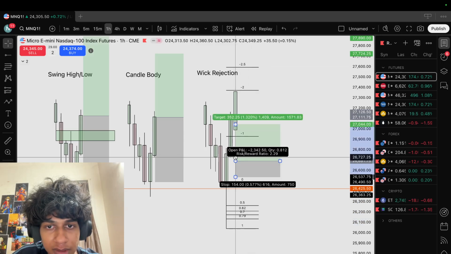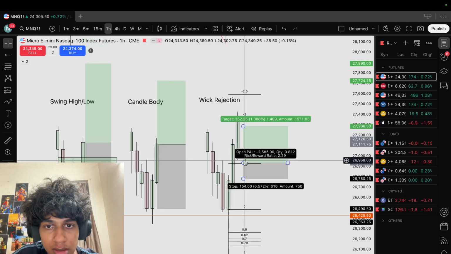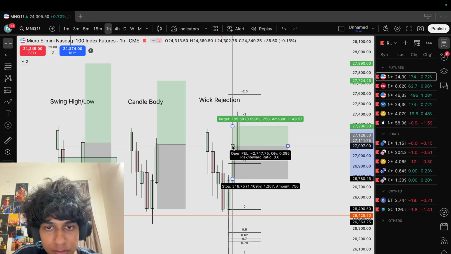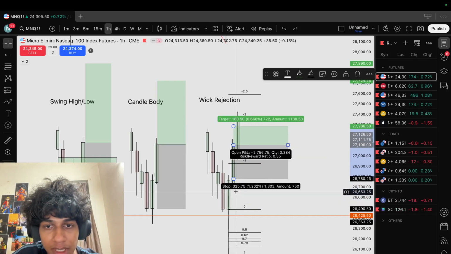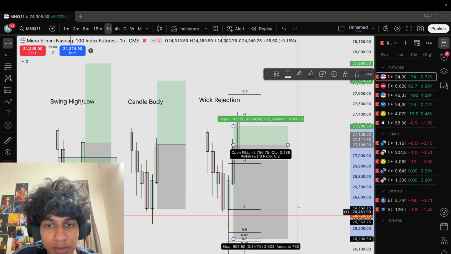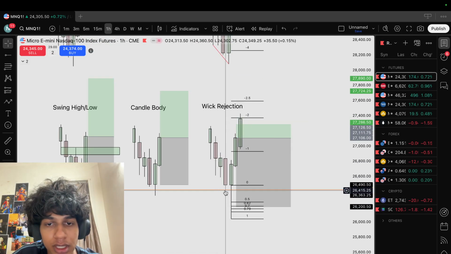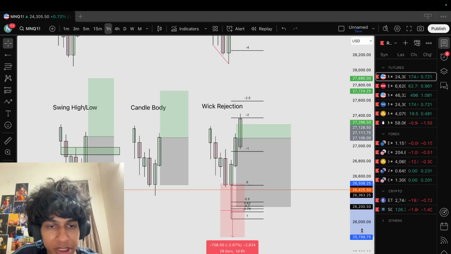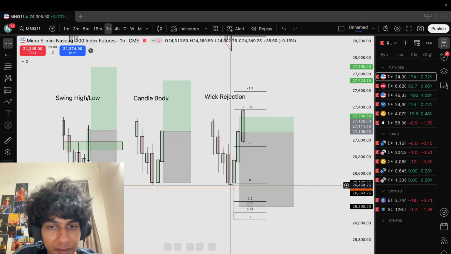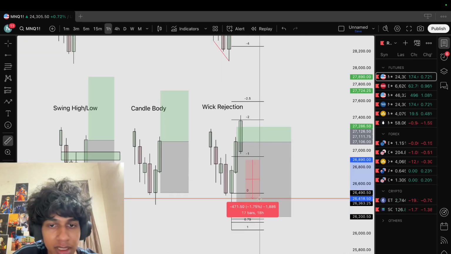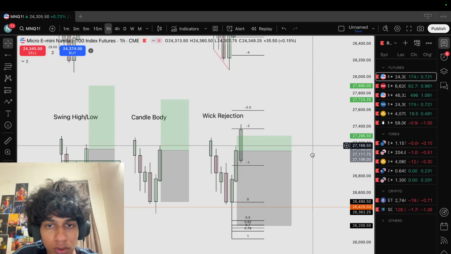Let's say we enter here. The stop loss has to be somewhere here because sometimes price trades into this wick and then pushes higher. So look out for how this wick is rejecting. If there's a very large wick, most probably price will come and take it and then go higher.